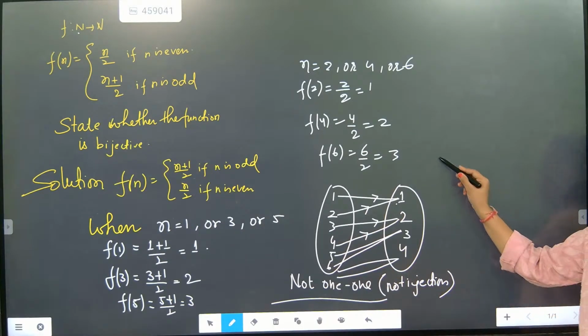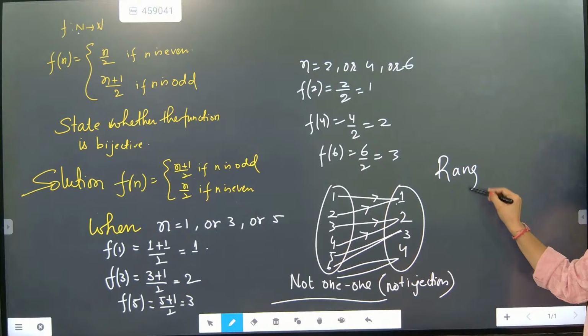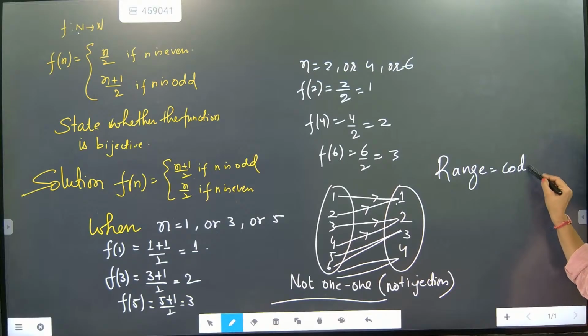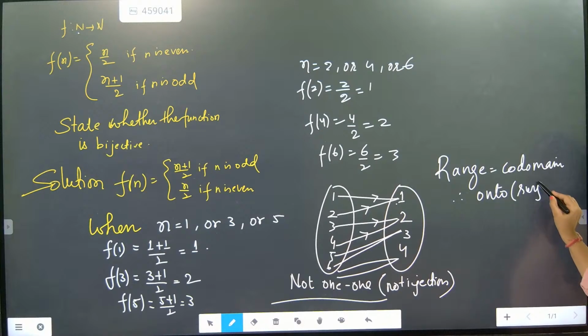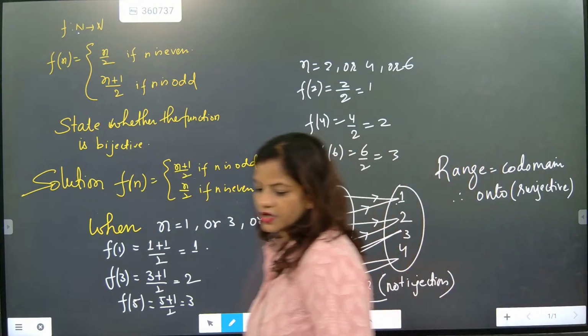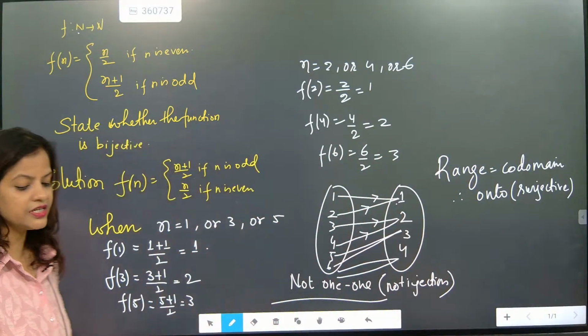So definitely the range here is equal to the codomain. Therefore, it is onto. And what is onto called as? Surjective function. So onto is considered a surjective function.